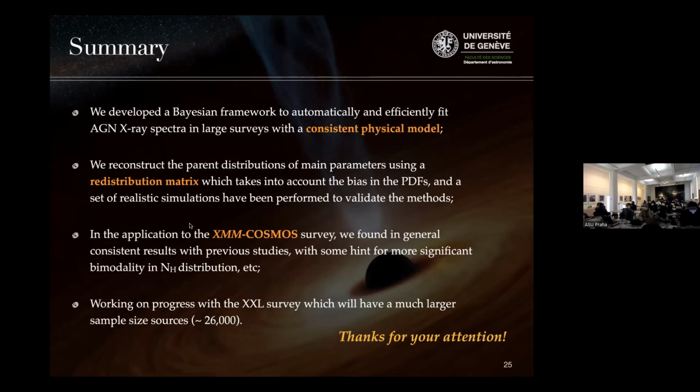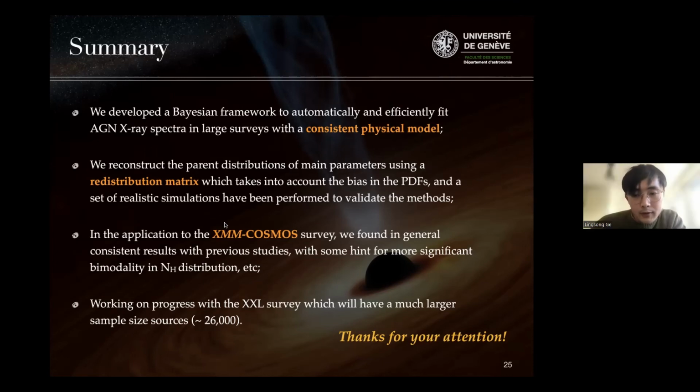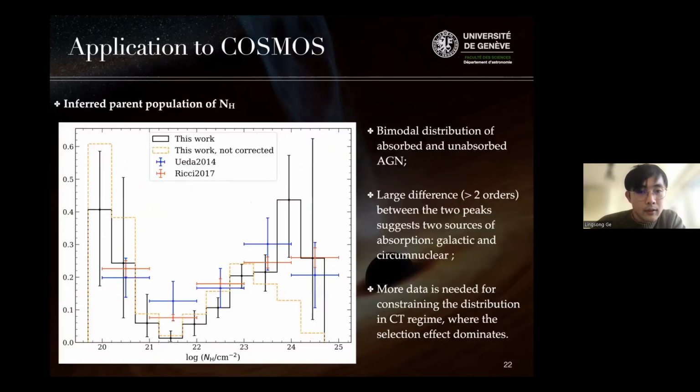So I was actually wondering, you had the full model, right, with quite a few components. I was wondering if the reflection fraction is a free parameter for the reflection component. Yes.